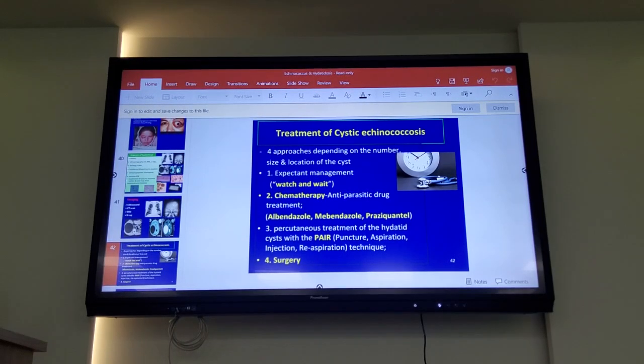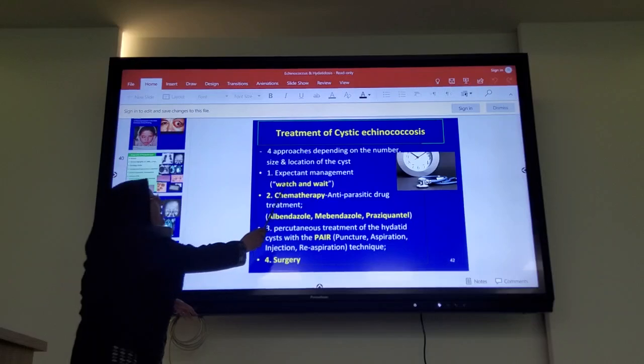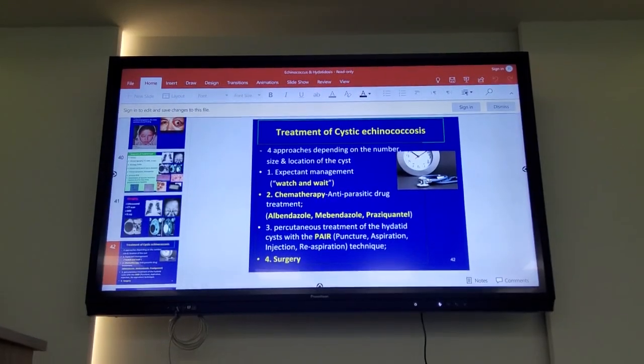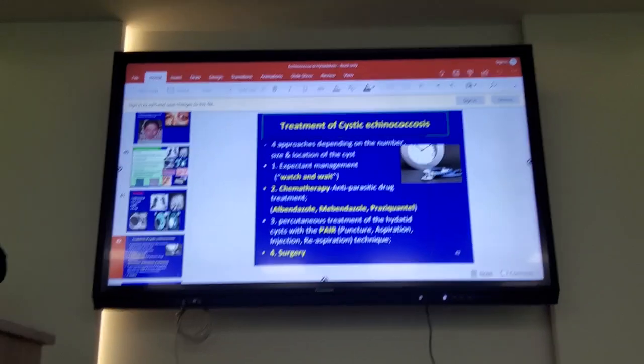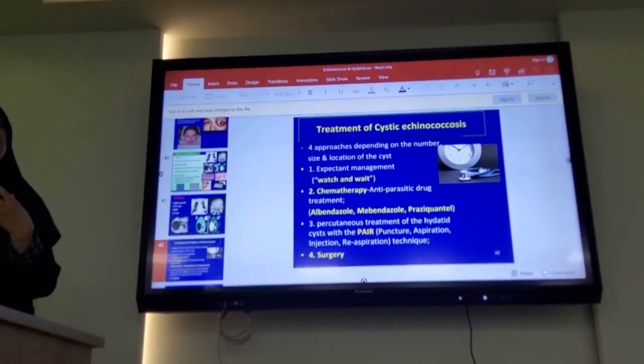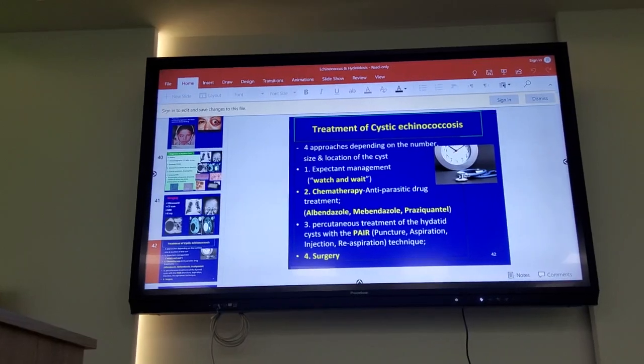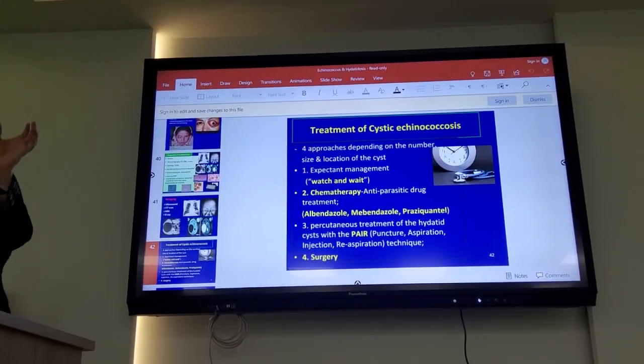The first one is watch and wait. It means if the cyst is small, or in a part of the body where there isn't a risk of rupture, we should follow the patient.